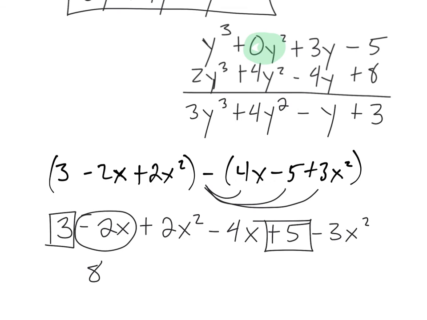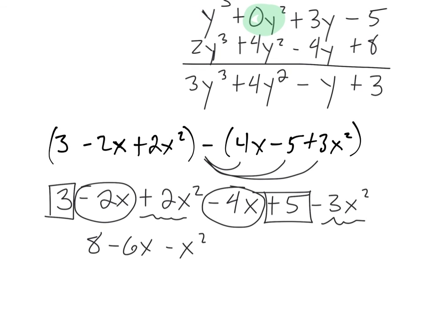The negative 2x has like terms with negative 4x, giving me negative 6x. And the positive 2x squared and the negative 3x squared give me negative x squared, which leaves me with a final answer after I put it in standard form of negative x squared minus 6x plus 8.